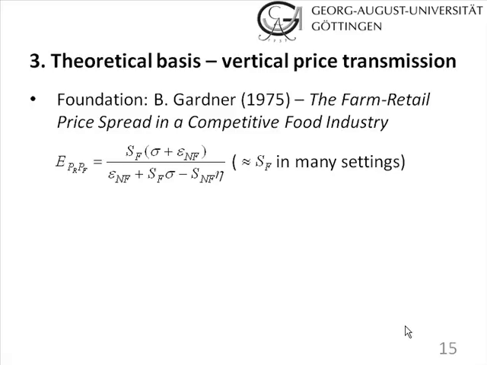And that happens to be about 80%. So we would expect that a $1 per ton increase in wheat prices should generally lead to about an 80-cent per ton increase in flour prices, for example. Yeah? Wheat to flour is fairly straightforward.